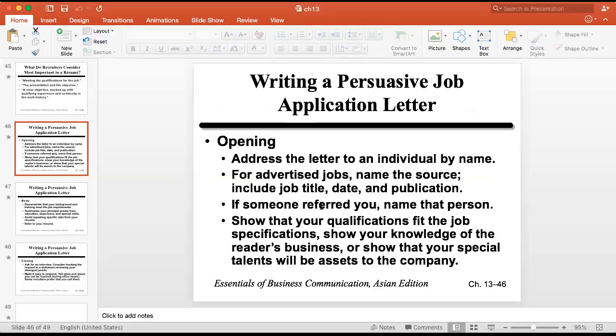Wait. Okay. See, here, writing a persuasive job application letter. You address the letter to an individual by name. Okay. If you know the name, otherwise you can use the designation.